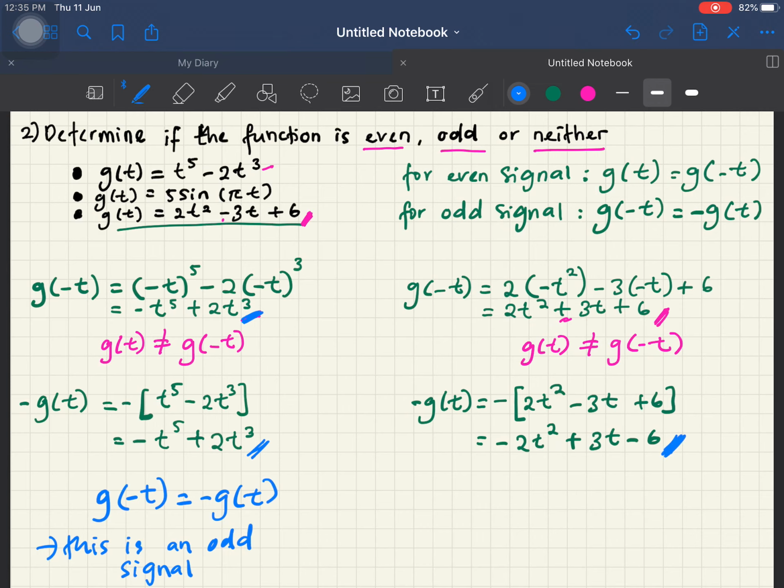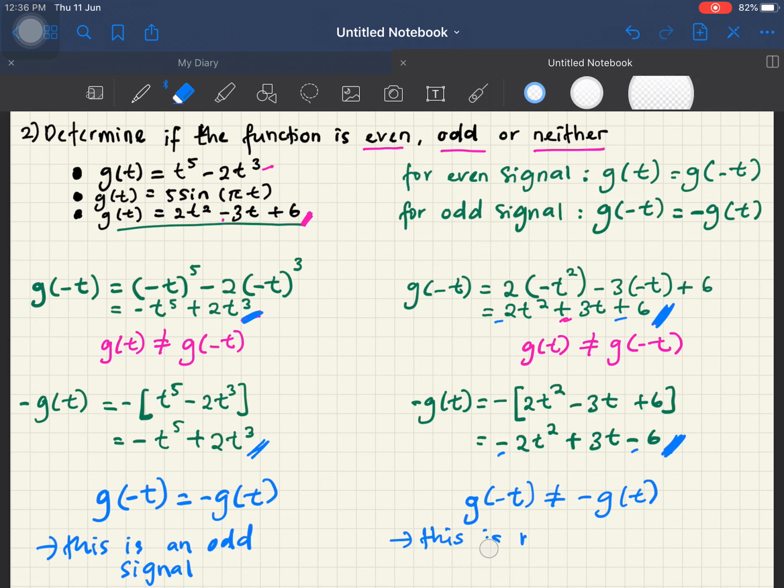Again, this signal is not equal to g of minus t, because here you have negative, negative, but there it is positive and positive. So g of minus t is not equal to minus g of t. So this signal is neither even nor odd.